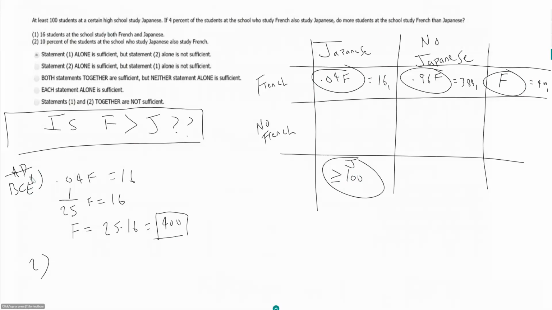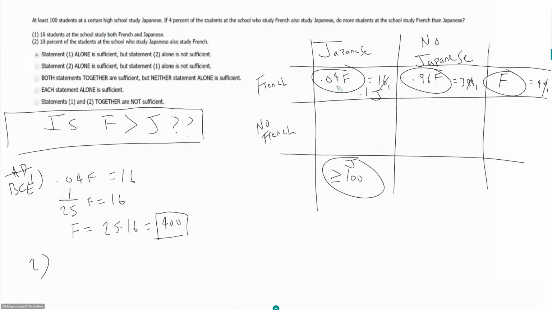Statement 2 says, now I have to forget about this stuff here. 10% of the students at the school who study Japanese also study French. So if I call my Japanese students J, then Japanese and French is going to be 0.1J.